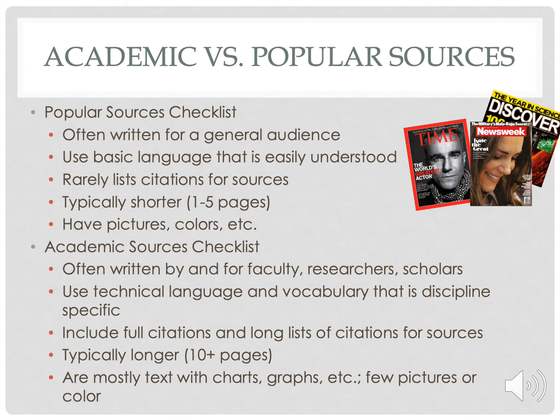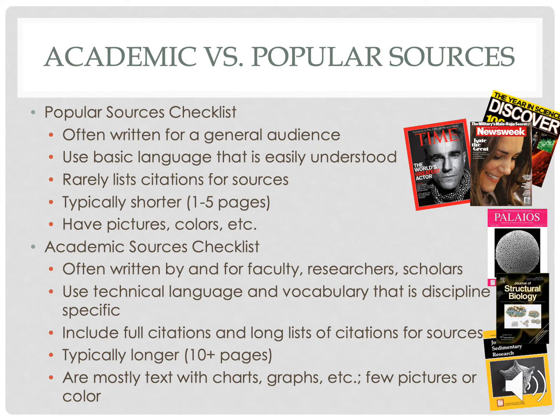They will include full citations and long lists of citations for sources, which makes them also typically longer than 10 pages. They back up their claims with evidence from other experts in the field, and they're mostly text, and they will occasionally include charts and graphs, but few pictures that are in color. So here are some examples of what that looks like.